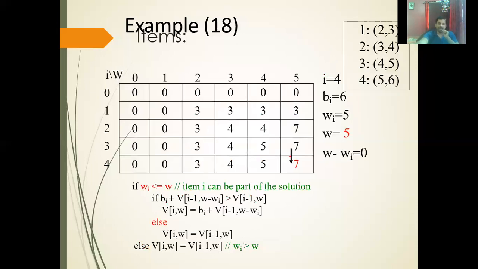And finally, in the last row, last column, I can get the maximum benefit or the maximum profit. If you insert some items, the maximum benefit or the maximum profit is going to be 7. So that I am able to get through this algorithm. And still we are not clear which items, if I insert, I'll get this maximum benefit or maximum profit 7.